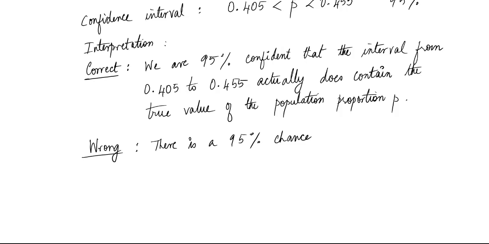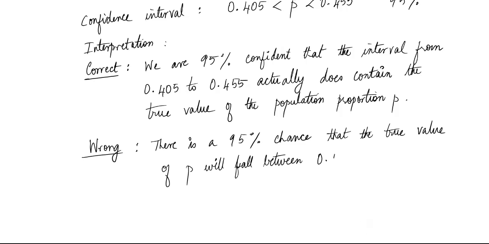There's a 95% chance that the true value of P will fall between 0.405 and 0.455. Note the difference in the language. The correct interpretation says we are 95% confident that the interval contains the true value. But the wrong version says, oh, there's a 95% chance that the true value will fall in between. So that is very different from the correct version.